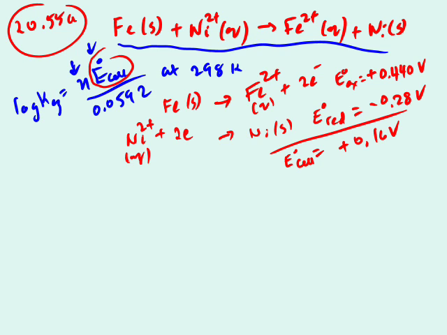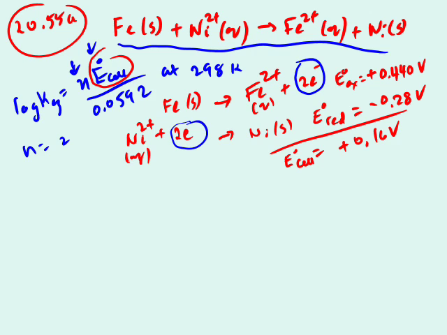Because my half reaction tells me that 2 moles of electrons are being transferred from the first half cell to the second half cell. And those numbers have to be the same. If they're not the same, you have to multiply in such a way that the number of moles of electrons are the same. So n equals 2.